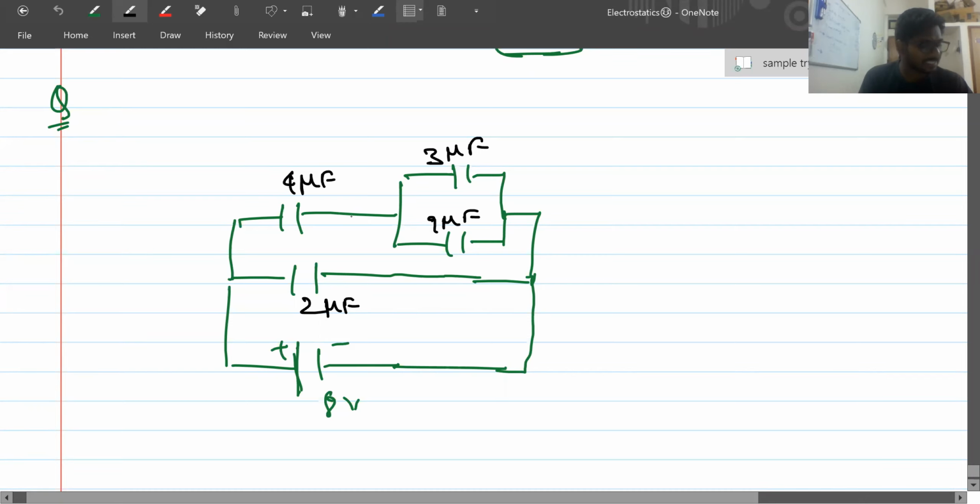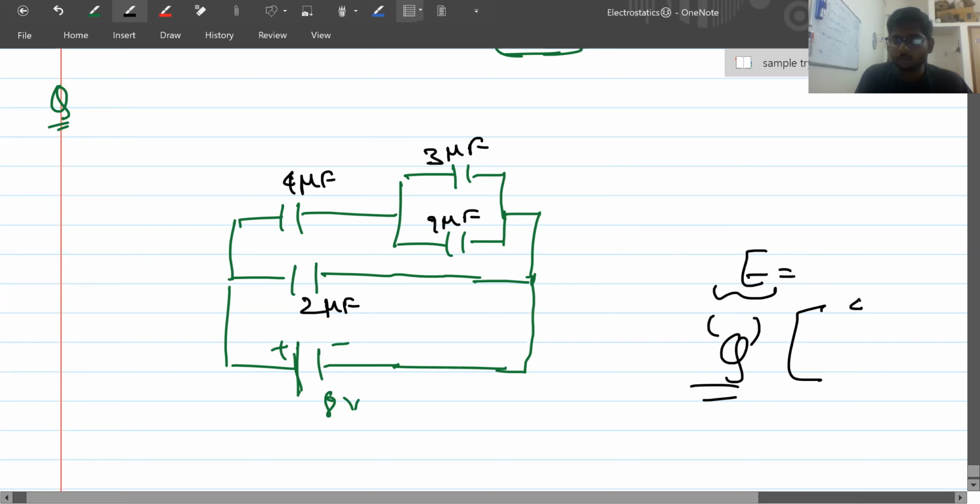A combination of capacitors is set up as shown in the figure. The question asks for the magnitude of the electric field due to a point charge having a charge equal to the sum of the charges on the 4 microfarad and 9 microfarad capacitors.